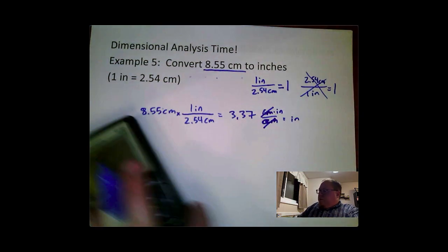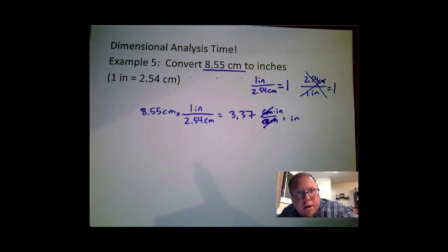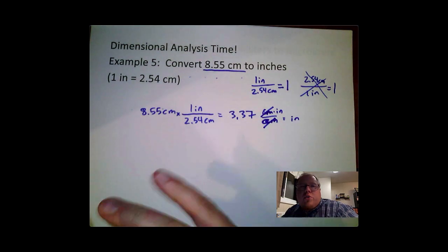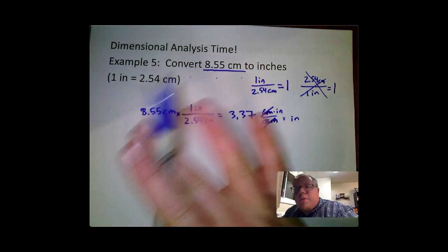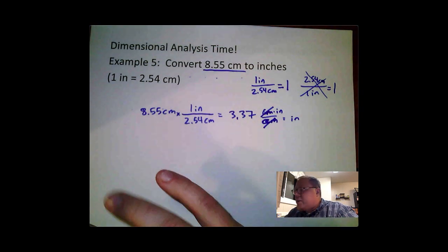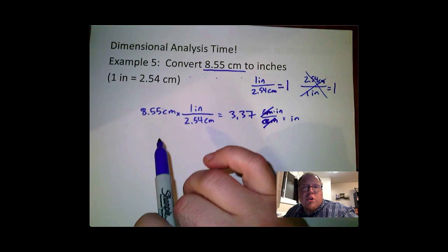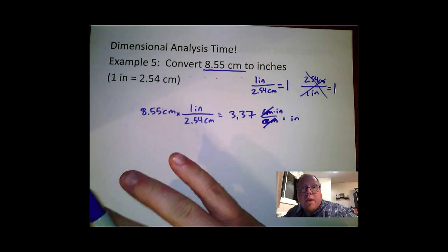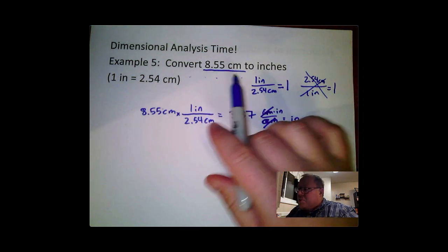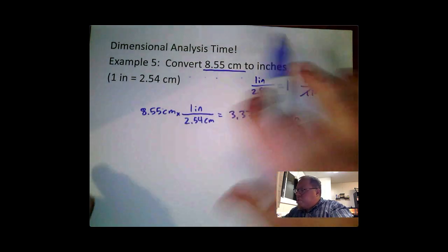So this method here, I know that what I just did is kind of complicated, but we are going to do some extremely complicated conversions here in just a few minutes. So I'm going to try to show you how this dimensional analysis works, and then we're going to get into a few very complicated conversions. I'm trying to show a somewhat simple one here, one that you guys are probably like, yeah, that's a lot of work. But let me show you the process.